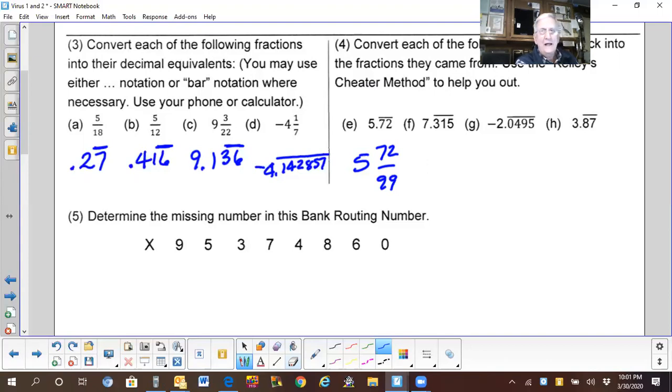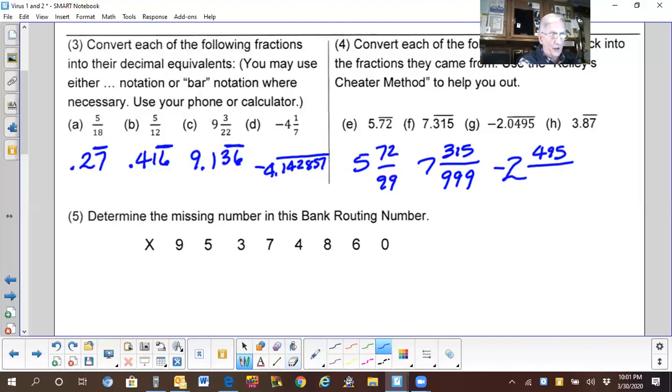Now, letter F, you would put the 7 down, and you would put the 315 down over how many 9s? Well, it's 3. 4, letter G, it would be -2 for your whole number part, and you will put 495 over how many 9s?